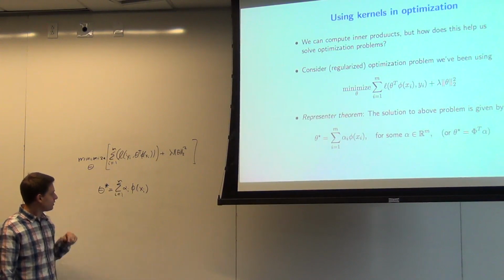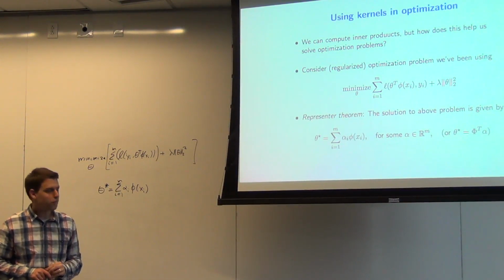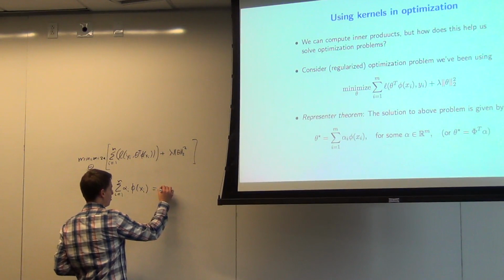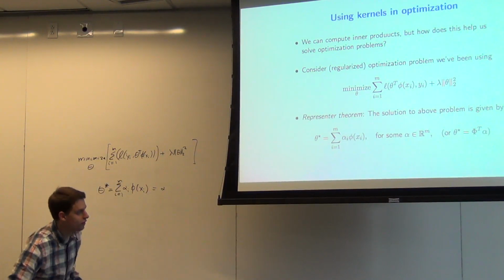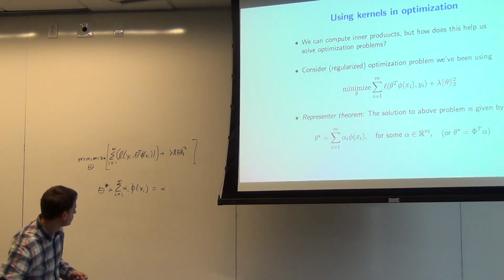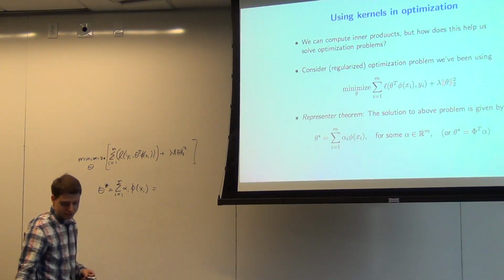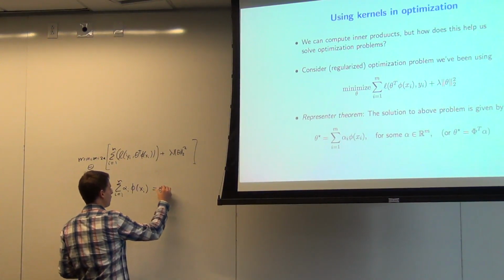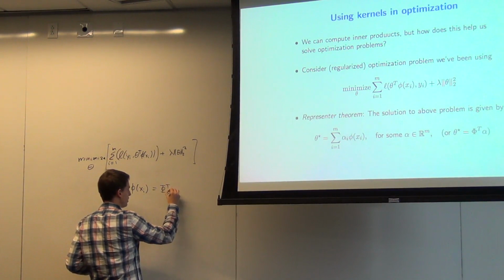This is very interesting now, because we're going to write this in terms of just alpha. In matrix notation, this is also equal to phi transpose times alpha.